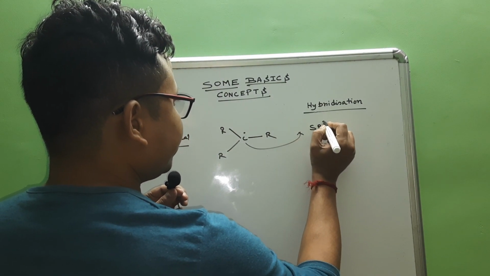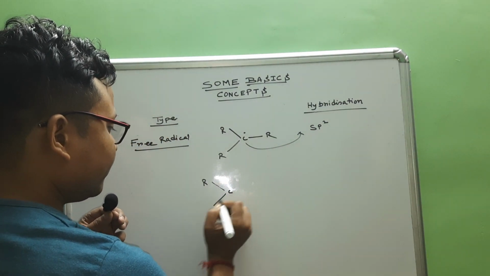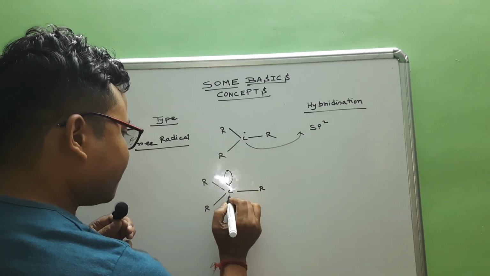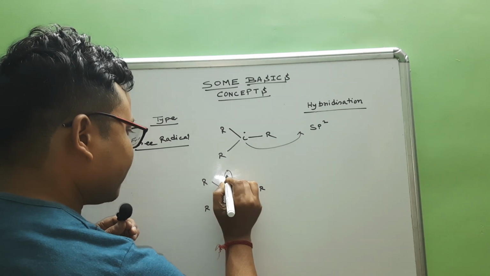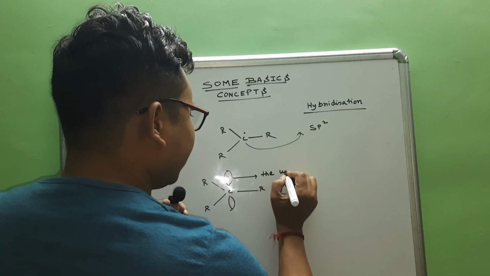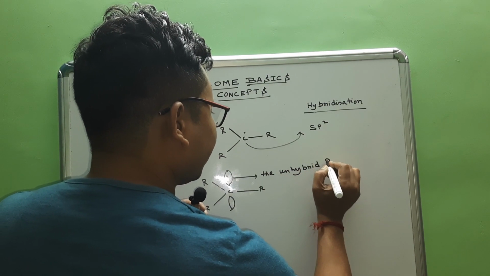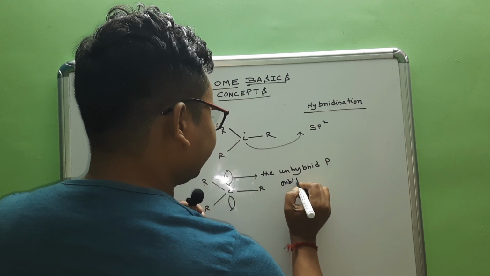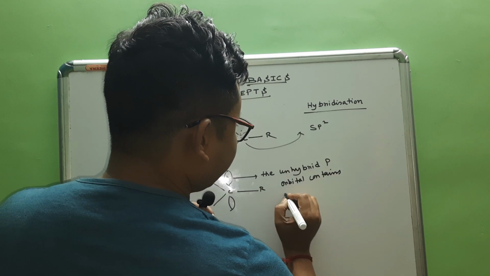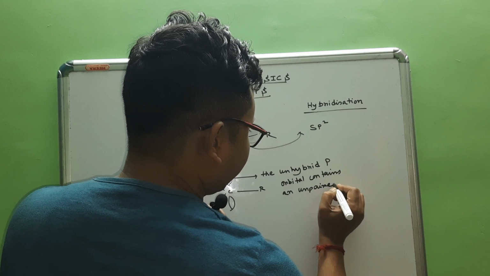Hybridization is sp2. And here the unhybridized p orbital contains an unpaired electron.